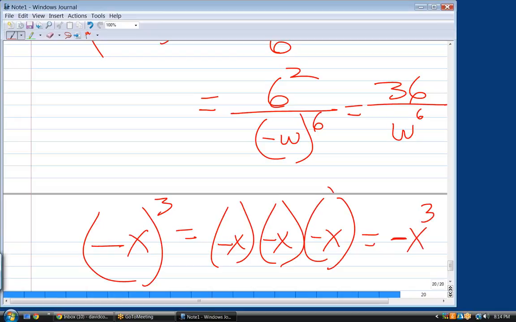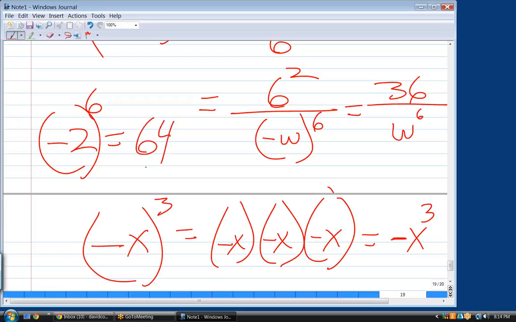If I had negative 2 to the 6th power, that's negative 2 times itself 6 times. That's 64, because you have negative 6 times, it equals positive. So it all depends on whether it's an even or odd exponent as to whether you carry the negative forward or leave it separate.